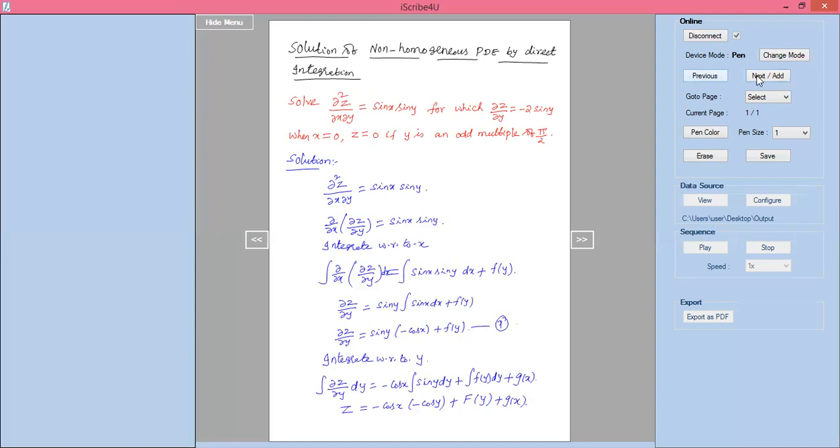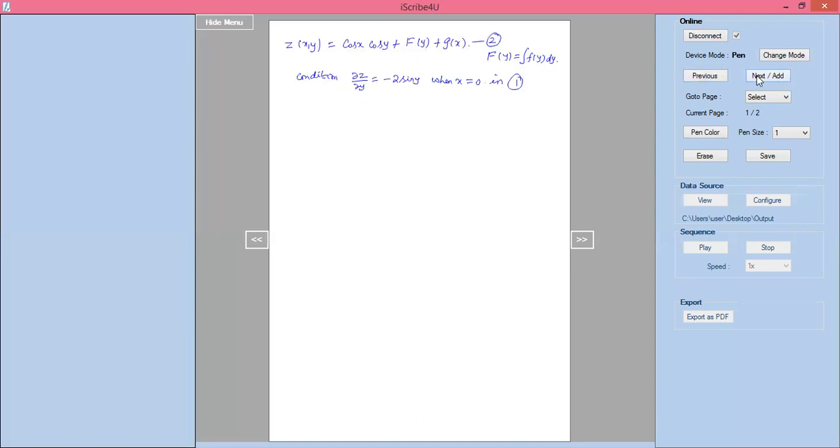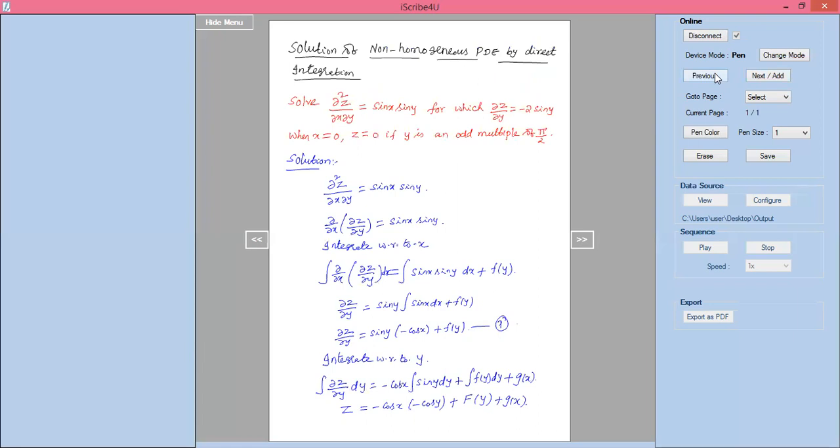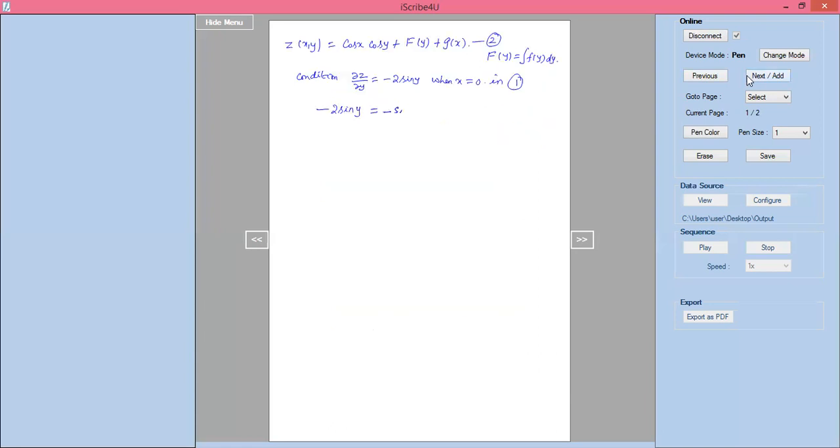Equation 1: dou z by dou y is nothing but minus 2 sin y, equal to, here what is there? Minus sin y cos x plus f of y. Here x equal to 0 you have to keep.